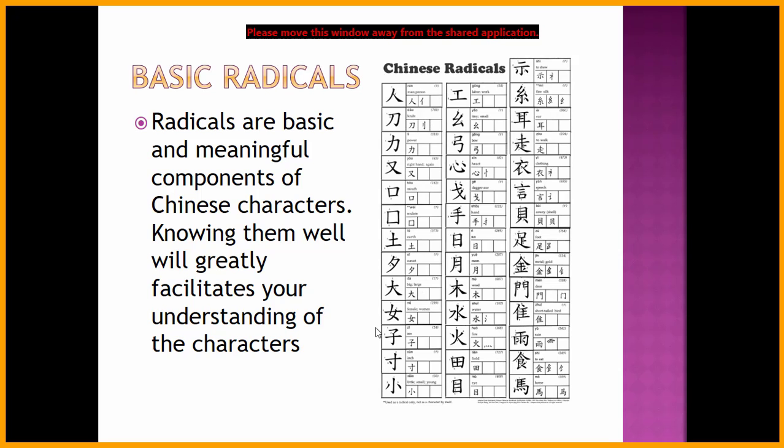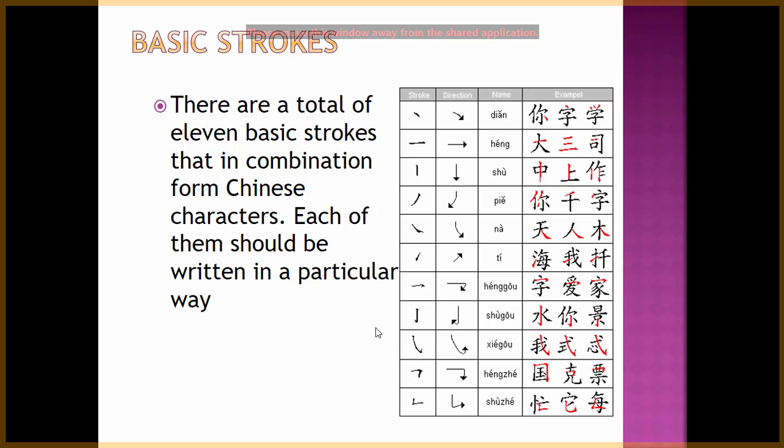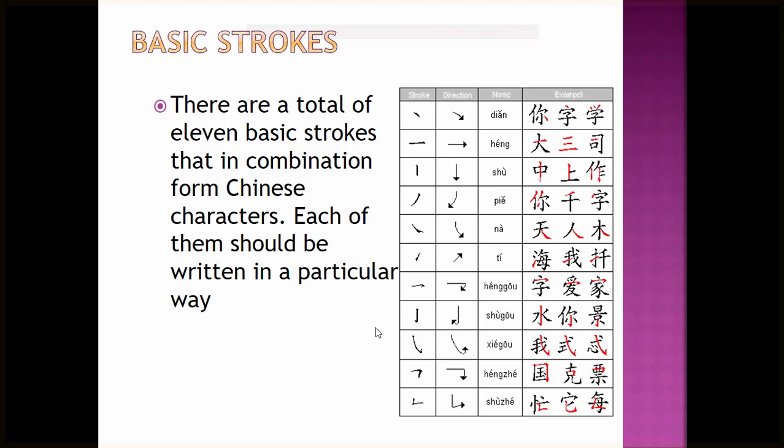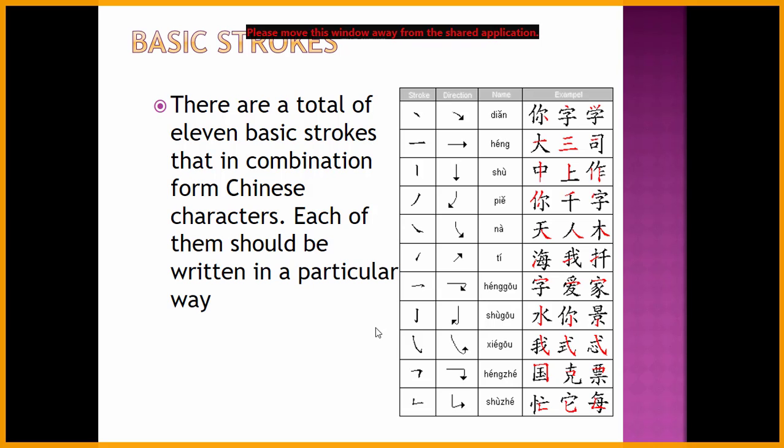Right. So here are the basic strokes. Now the Chinese characters on the most right, you see the example. There are Chinese characters written, right? You can see it. Now, how they are written. You are not free to write anything in any way.